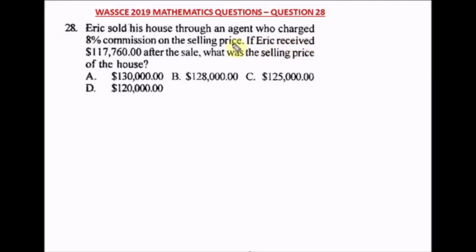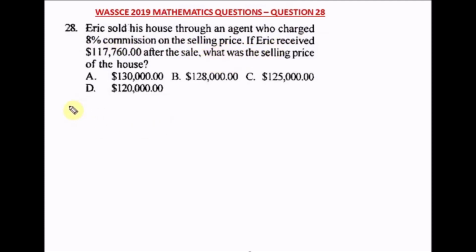If Eric received $117,760 after the sale, what was the selling price of the house? So we have to look for the selling price of the house, and we know here that Eric sold his house through an agent who charged 8% commission on the selling price.